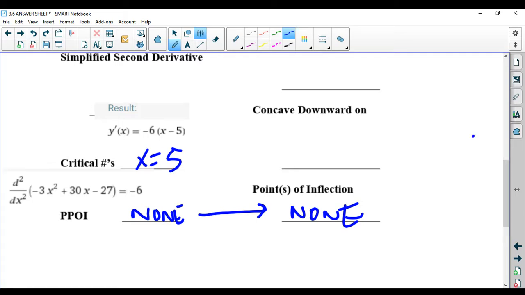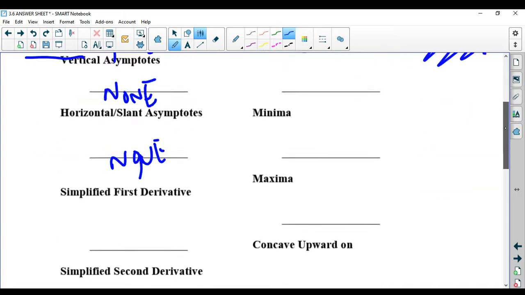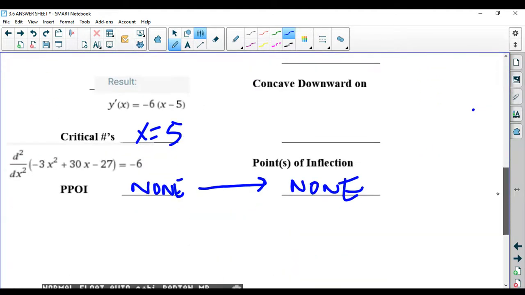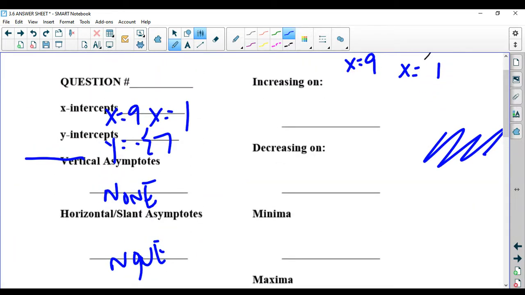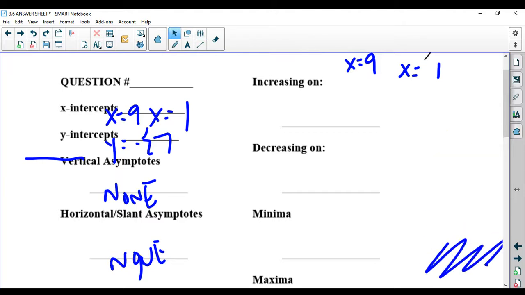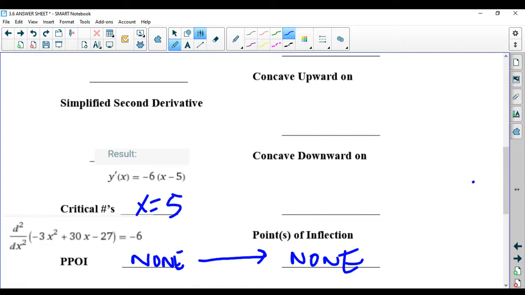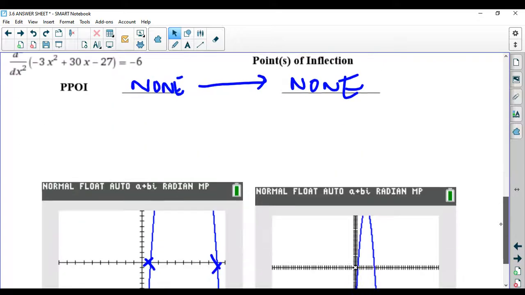Next is the increasing, decreasing, mins and maxes. For increasing and decreasing, you can use that first derivative chart, which we know is you take your critical number, which is x equals 5. Let me bring this first derivative over for my chart.